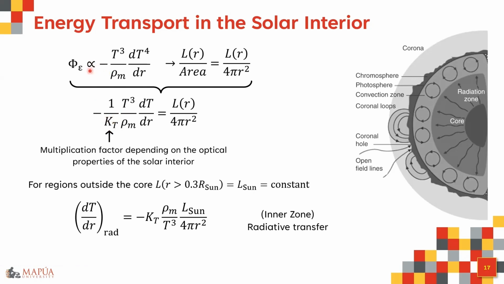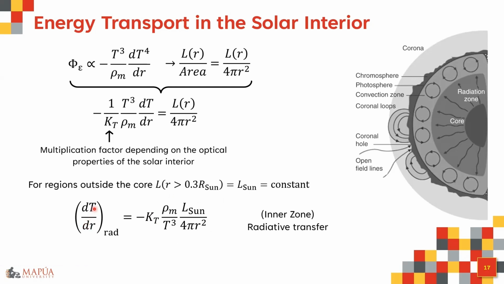From this proportionality sign, we convert it into an equation with a proportionality constant equal to 1 over KT. For regions outside the core of the sun, it is constant. So the temperature differences, or the rate at which temperature varies with R through radiation, is equal to this.